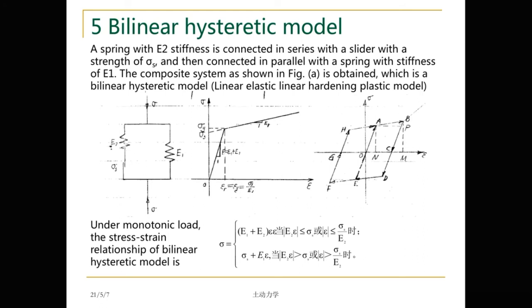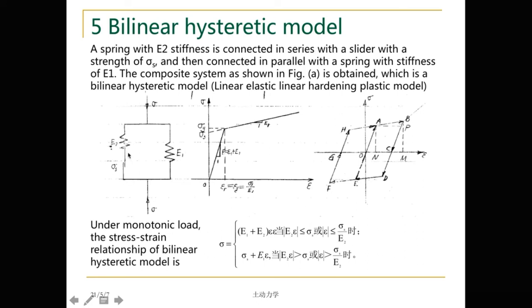The final one, the bilinear hysteretic model. A spring with stiffness E2 is connected in series with a slider with a strength of sigma s. Just now I introduced this system.